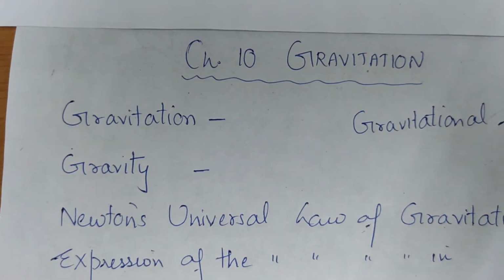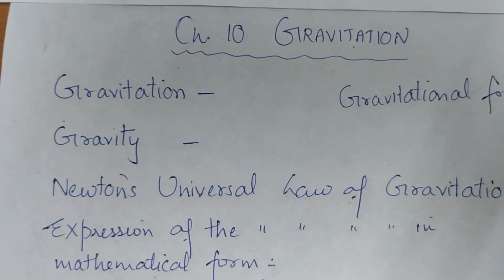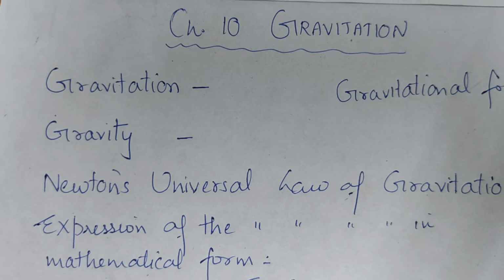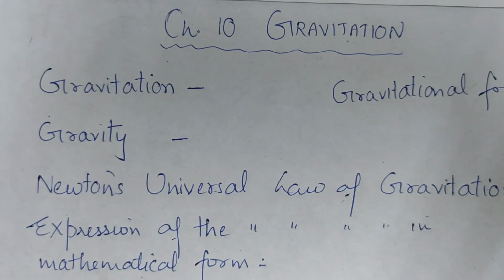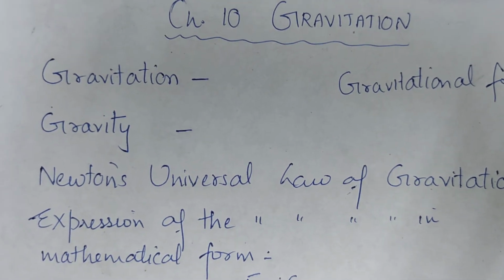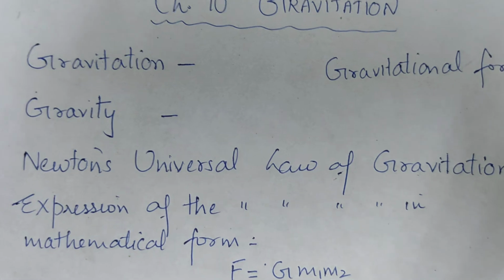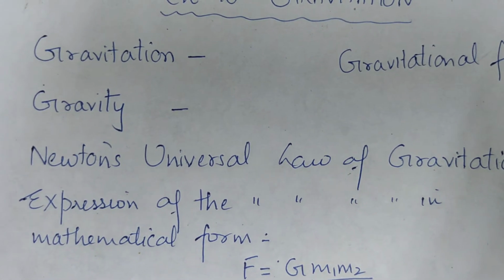Then you should know how to express this law in mathematical form. Depending upon the marks, you will be writing the final mathematical expression directly, or you will go stepwise. Whenever you are asked to write the mathematical form, you should state the law.